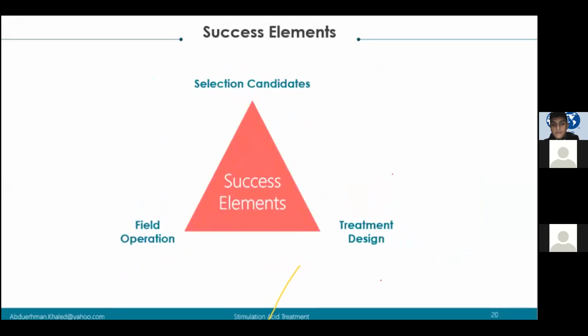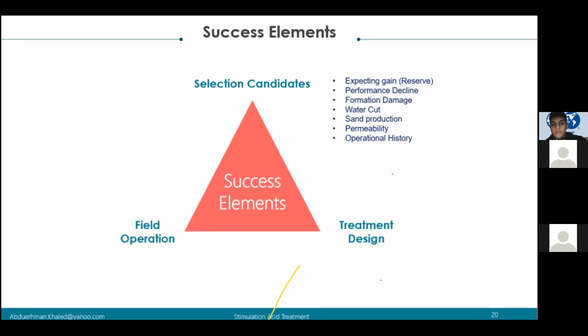Here we have the main elements that participate in the success of this story. Starting with selection criteria, the thing that I was talking about in the roadmap, it's quite important to make sure that this well is damaged and requires to be stimulated.